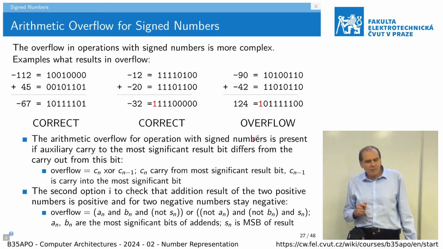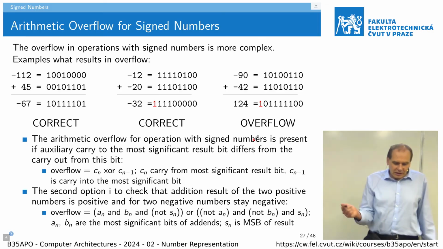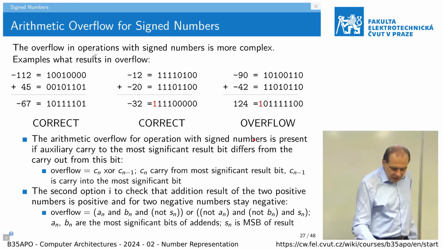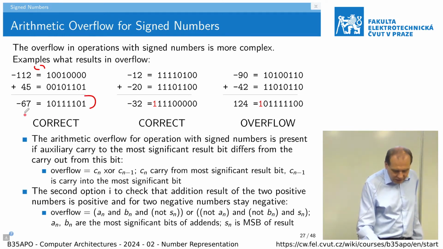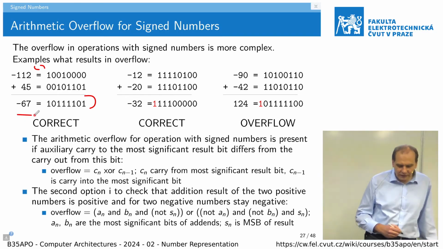Arithmetic overflow for signed numbers is even more complicated. If we add those two numbers, then there is not, in this case, a carry from the most significant bit, and the result is correct, and we get a negative result.